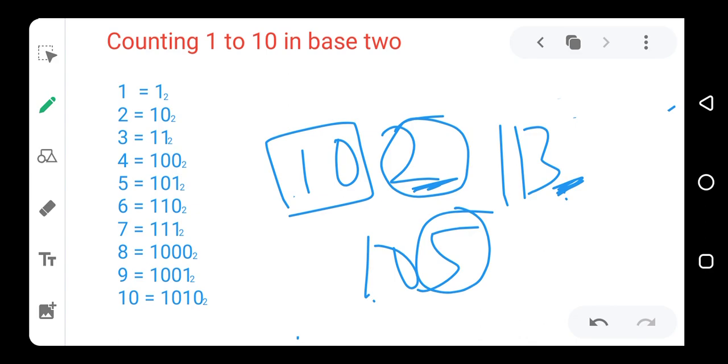And another thing is that if you write a number in base 2, you must put the base, that is 2, to show that it is in base 2. You either write the base in words or you write it in figures.